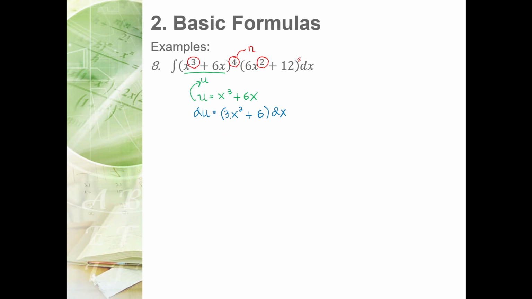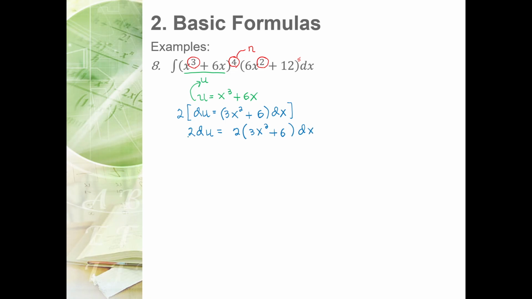Notice the term here is 3x squared plus 6, while the one above is 6x squared plus 12. So we need to multiply it by 2, the whole equation, meaning both sides are multiplied by 2. So you have 2 du, then 2 times 3x squared plus 6 dx.